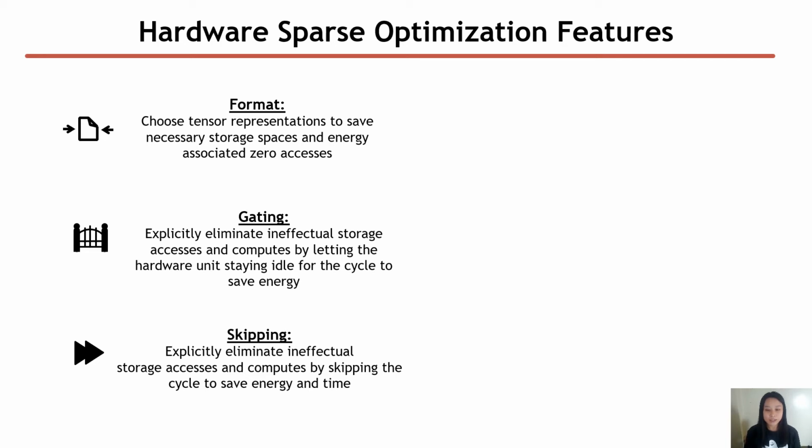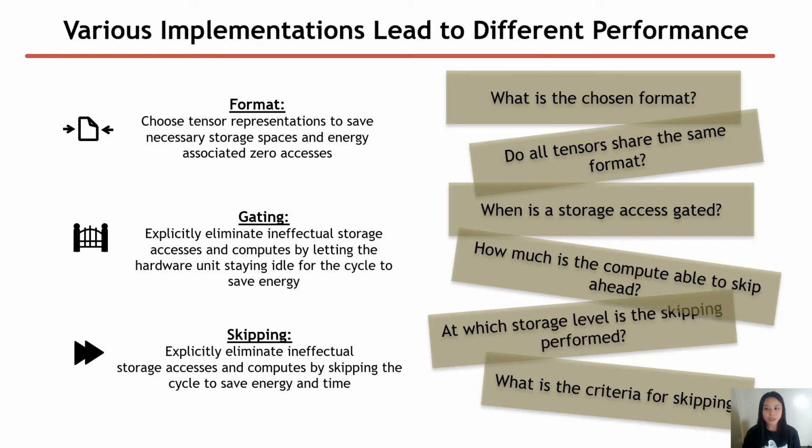However, there are various implementations associated with each one. As you can see here, we can ask a lot of questions about how we want to implement each sparse optimization feature. For example, what is the format you want to choose for a specific tensor? When do you actually want to perform the gate? Or when do you want to perform the skip? And also, there is a lot of interplay between the implementations that you choose for each sparse optimization feature.